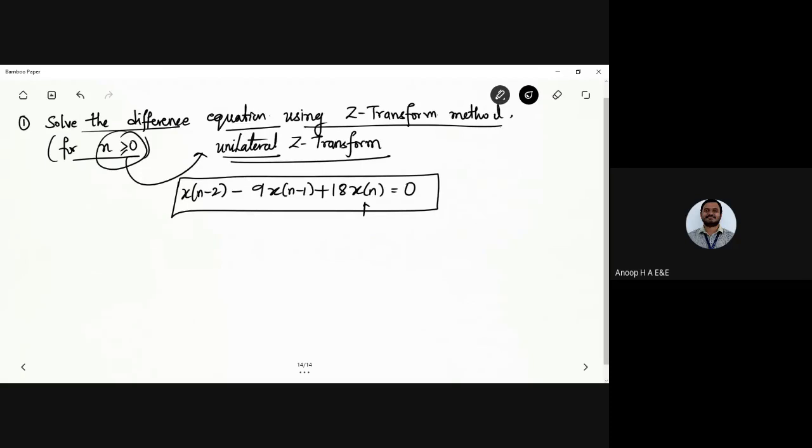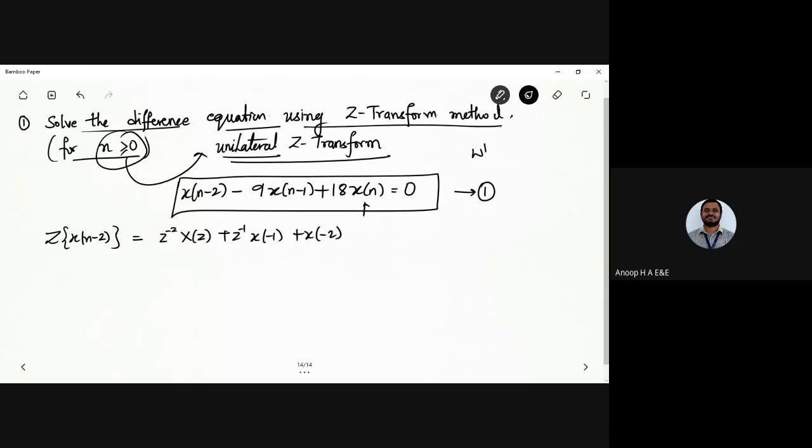Okay, so let me go step by step. Z transform of x(n-2): if I want to apply the Z transform to equation 1, how can you write it? It would be z to the power minus 2 X(z) plus z inverse x(-1) plus x(-2).